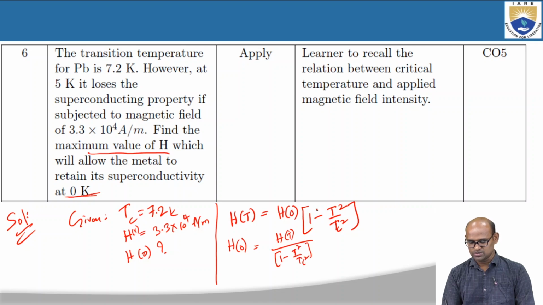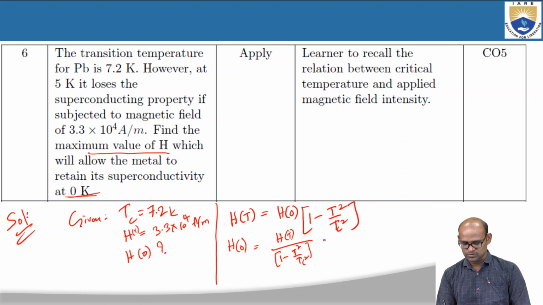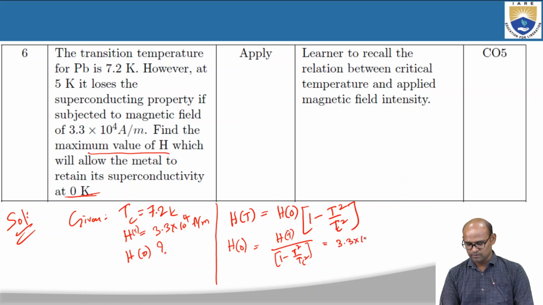I have taken this to the left hand side. So substitute the values: 3.3 into 10 power 4 divided by 1 minus 5 square by 7.2 whole square, where the transition temperature is 7.2 Kelvin.